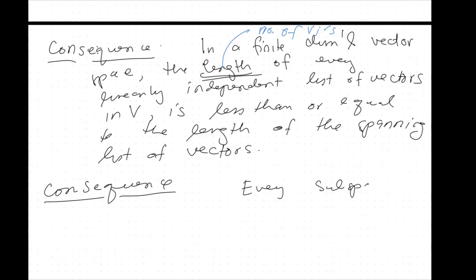Every subspace of a finite dimensional vector space is finite dimensional, because a subspace is just a substructure of the original vector space.